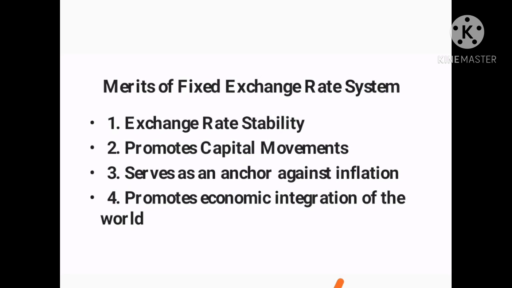Foreign private firms would not be interested in making investment in those countries whose currency is not stable. Since foreign investment is an important source of economic growth, the fixed exchange rate system would promote rapid economic growth of the developing countries. Third, serves as an anchor against inflation.